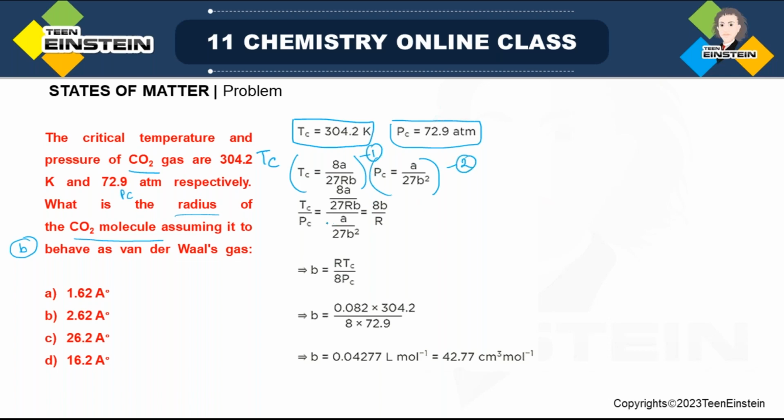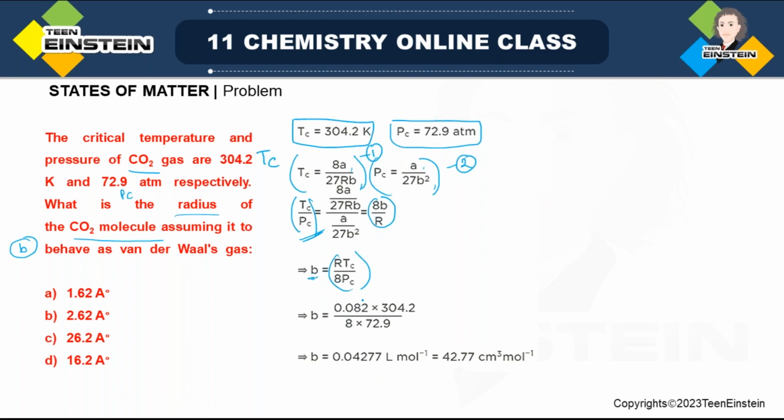If you take the ratio of these two equations, that is Tc by Pc on the left hand side, on the right hand side a term will be cancelled, because here it is a by b, here it is a by b square. A will be cancelled, but b will remain. So from the ratio of Tc by Pc, you are getting finally 8b by R. That means b is equal to RTc by 8Pc.